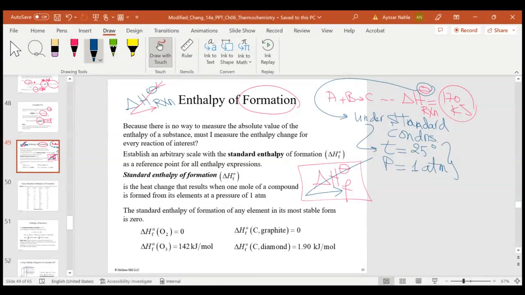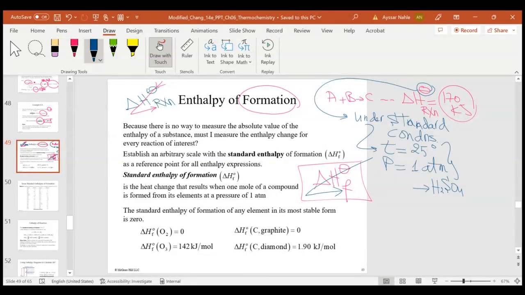What does it mean here? That means you have a compound. How can I form a compound? For example, if I want to form H2SO4, I'm forming 1 mole. I need to form it from its elements in their standard state.